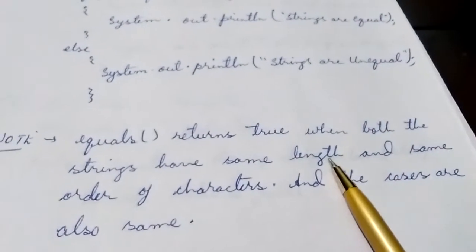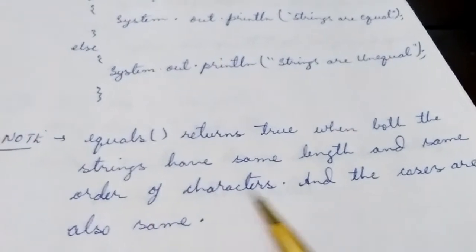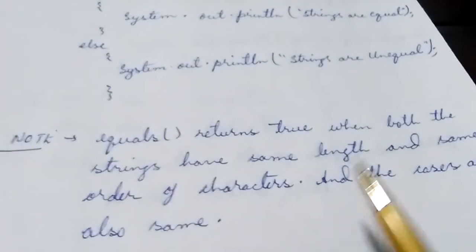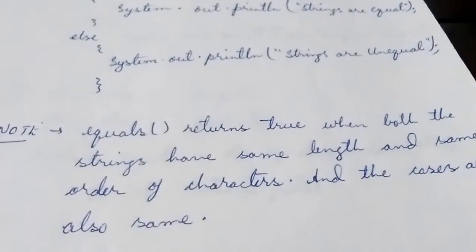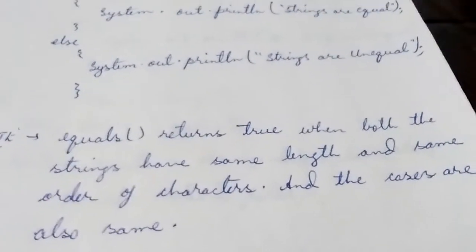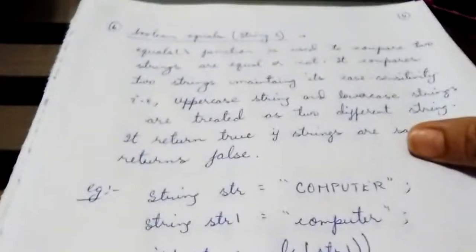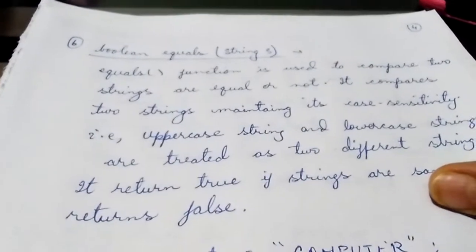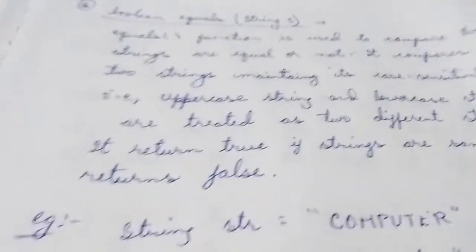If the lengths are different, it will return false. If the order of the characters is different, like computer and computer but with different spellings, it will return false. And if the case, uppercase and lowercase, is different, then also it will return false. So the equals function compares two strings maintaining length, order of characters and case sensitivity.